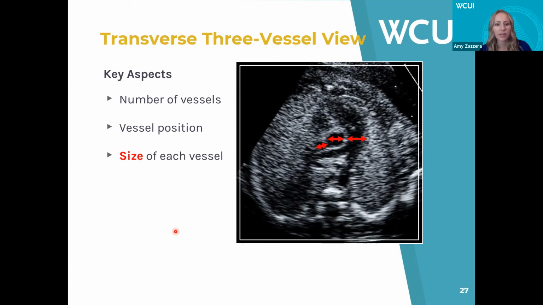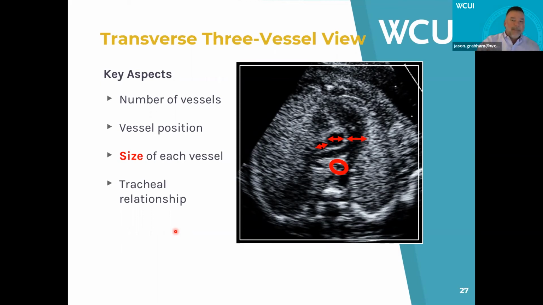And then just behind the SVC is the trachea. It's also important to look at the size of the vessels. So pulmonary artery is going to be the biggest, then aorta, then SVC, and we never want aorta bigger than pulmonary artery. That should be a huge red flag.